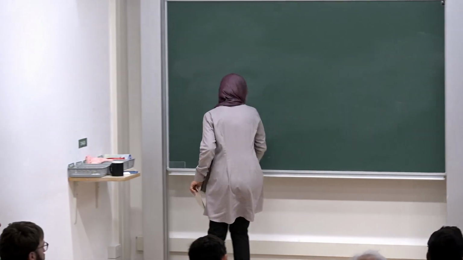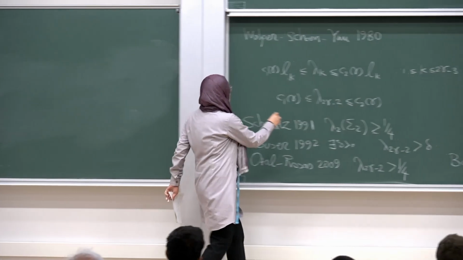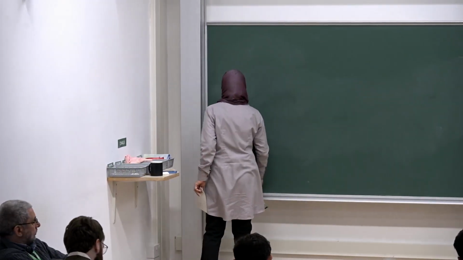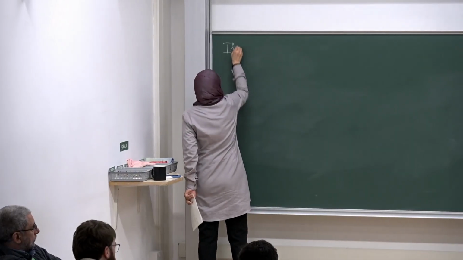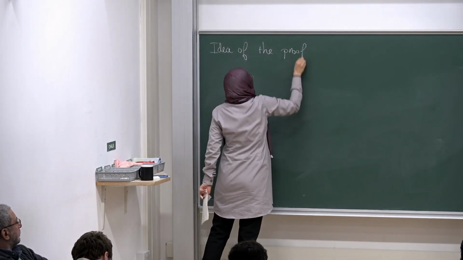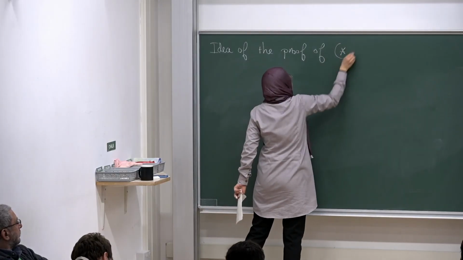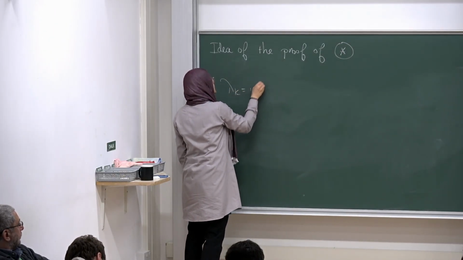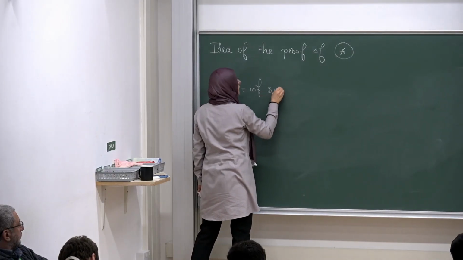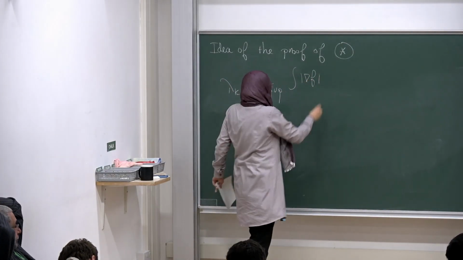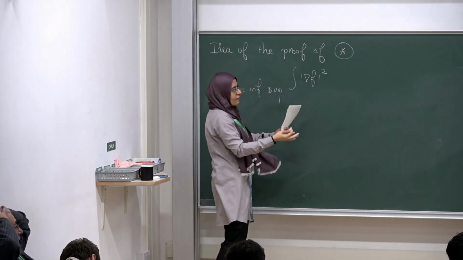So now the idea of the proof of this inequality: for the upper bound, we use min-max of the Rayleigh quotient. So we need to find a nice test function.